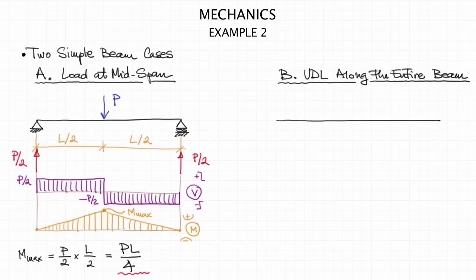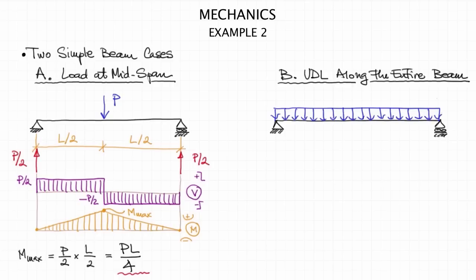So again, this would be the beam, and the load will be applied along the entire length of the beam, not just part of the beam, the entire length of the beam. So it's uniform.